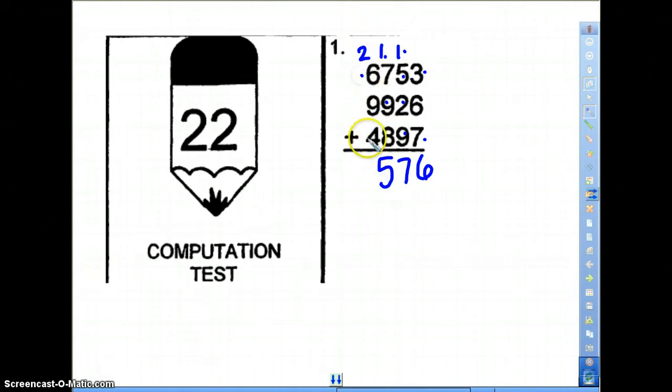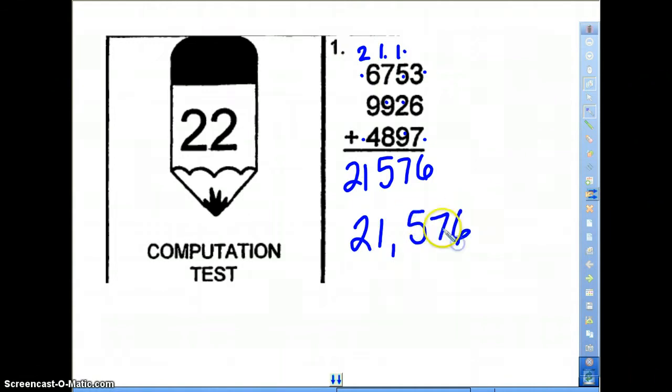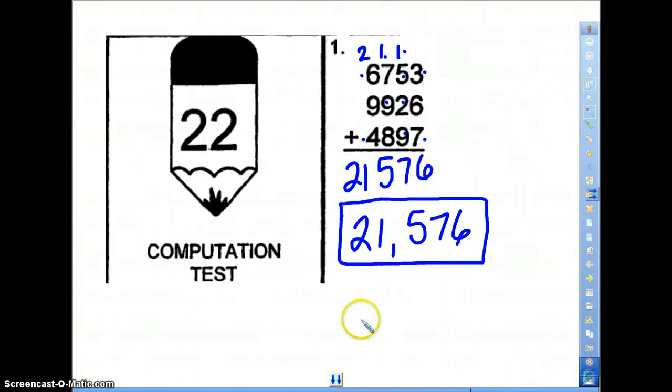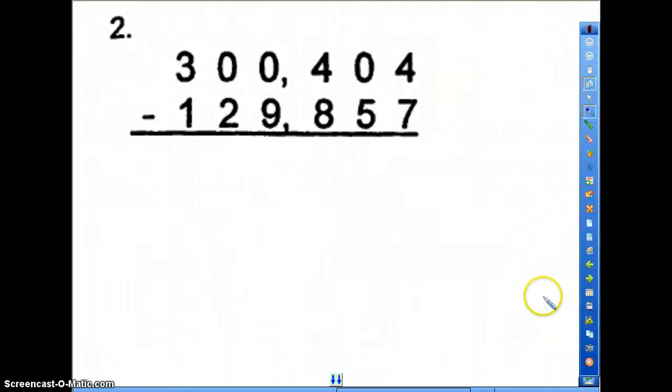Yeah, we can with the 6 and the 4. That's 10. 9 more makes 19. 2 more makes 21. Okay, so the answer is 21,576. When you get done, I want you to either highlight your answer, put a box around your answer, or circle your answer. I want to be able to find your answer.